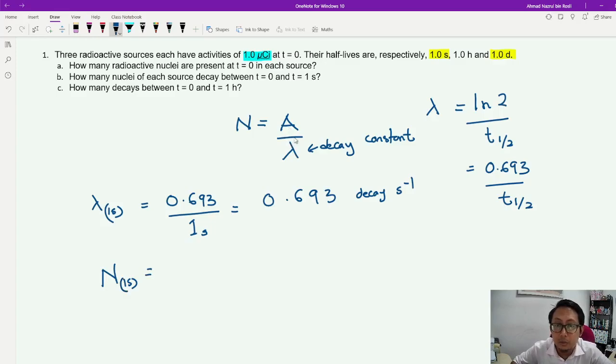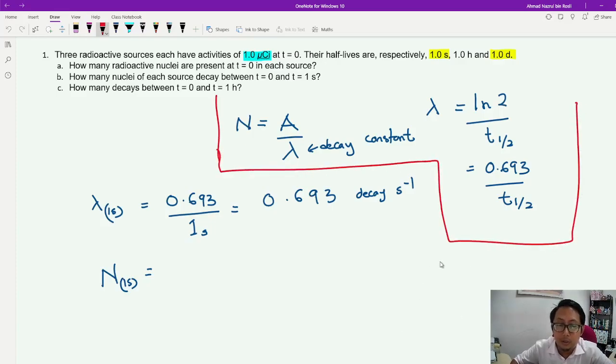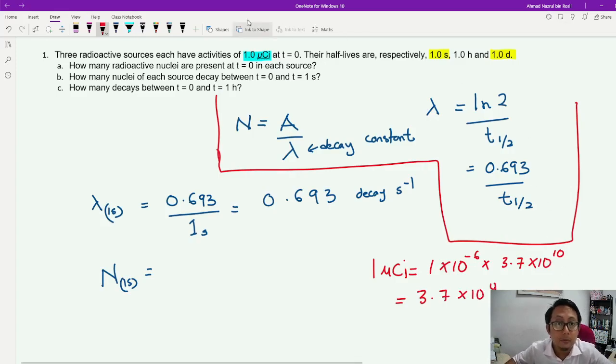We need the value of A, which is 1 microcurie. 1 microcurie is equal to 1 times 10 power of minus 6 times 3.7 times 10 power of 10, which gives 3.7 times 10 power of 4 decays per second. Sorry, I made a mistake earlier; it should be per second.